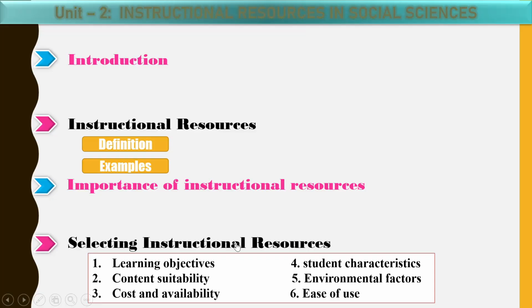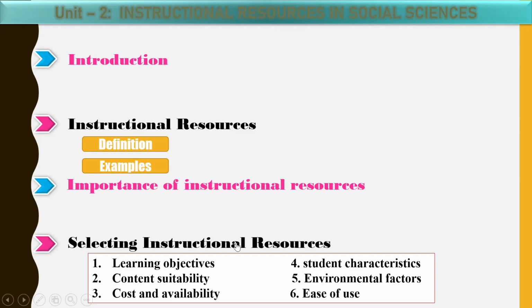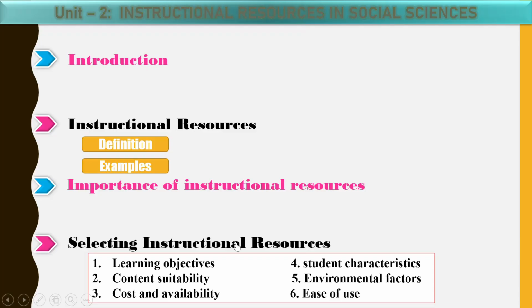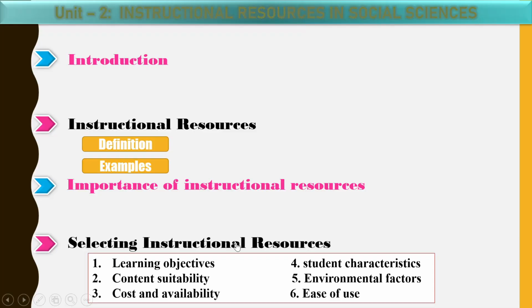Yes, correct. Whatever example you have given, why do we have to choose that particular resource? For example, you said a map for geography, and for teaching history, the picture of a king or queen. Won't you feel this is to align with the learning objectives?